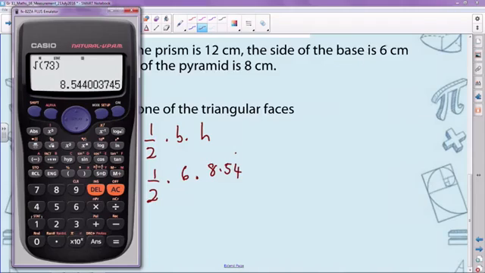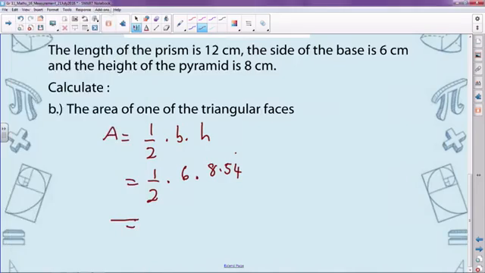You've got 3 times 8.54, and that is 25.62.